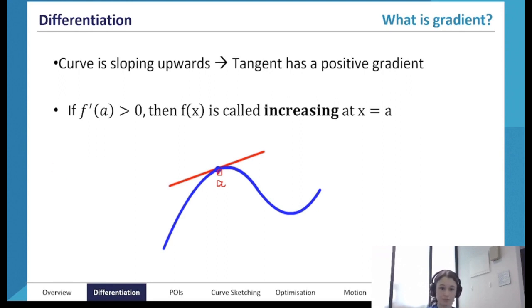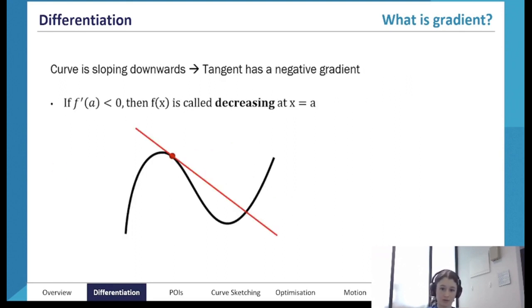Conversely, if a curve is sloping downwards, reading it from left to right, then the tangent has a negative gradient. And so if the derivative at a point A is less than 0, then the function is said to be decreasing at that point.